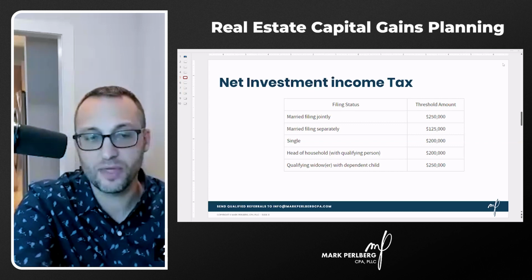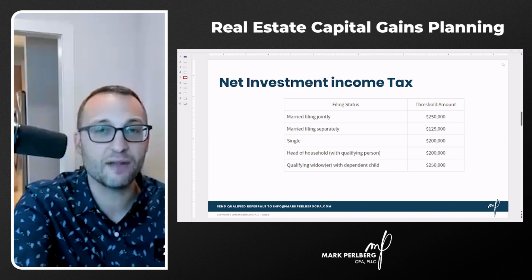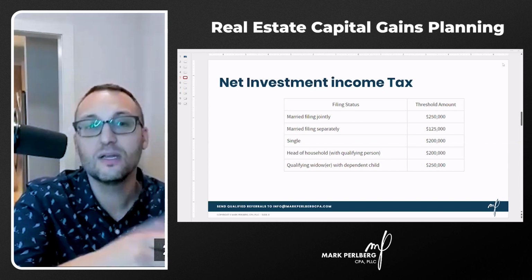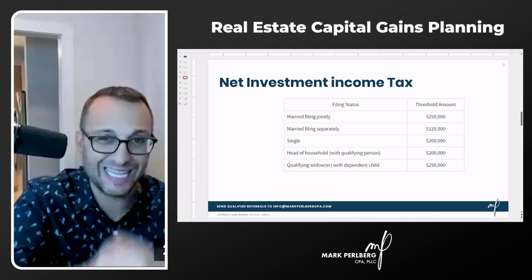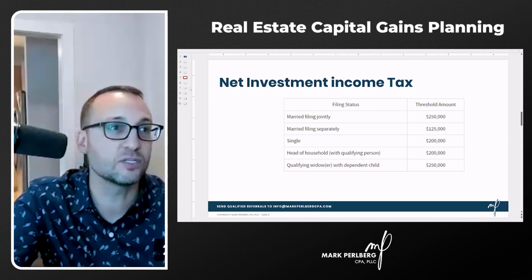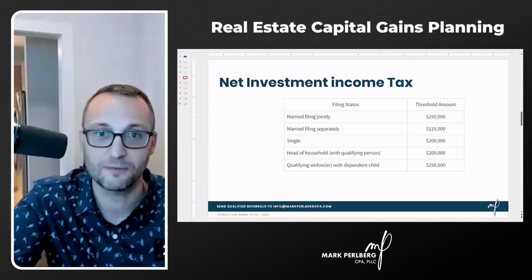So a lot of people think that the 15% is not so bad. Remember, we've got our state taxes, and we have an additional 3.8% that you may be paying as well, and we have a potential depreciation recapture tax.